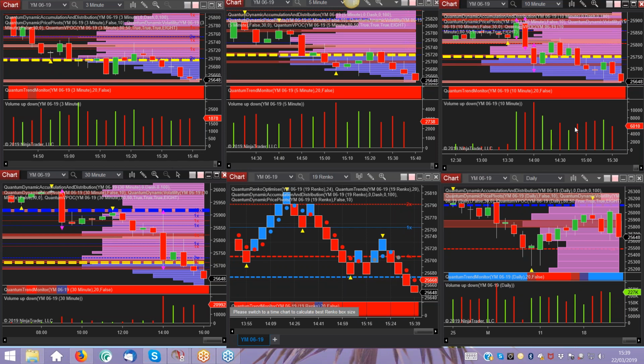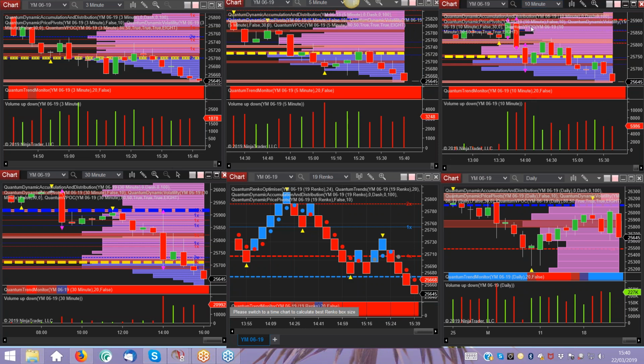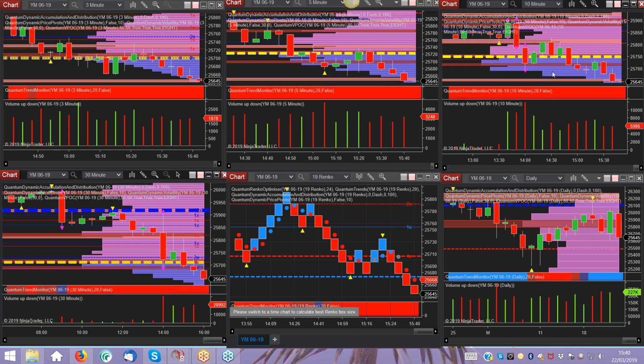And we're still moving lower. It's been pretty relentless, not entirely without pause points, but that's part and parcel. You expect that. As you scan your eye, this is the 3-minute, the 5-minute, the 10-minute on the YM for June. The trend monitor is bright red right the way throughout. Down onto the 30-minute, exactly the same.